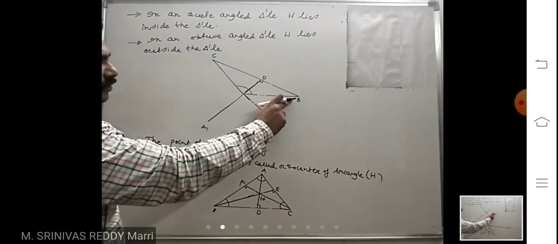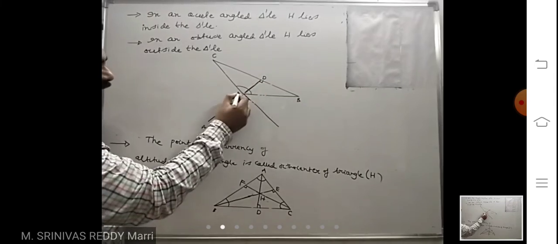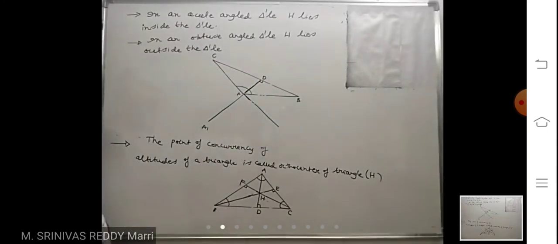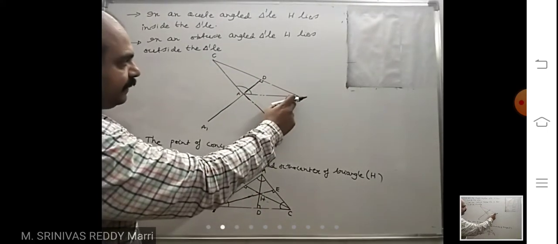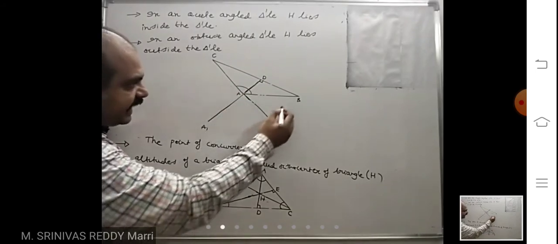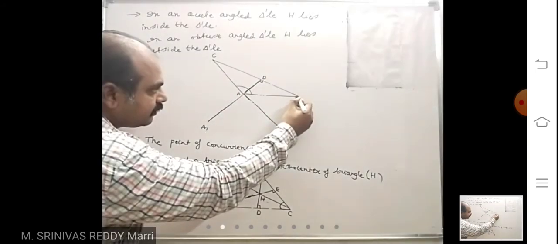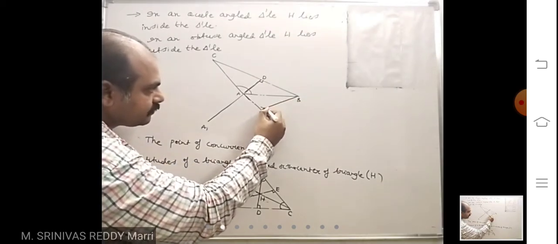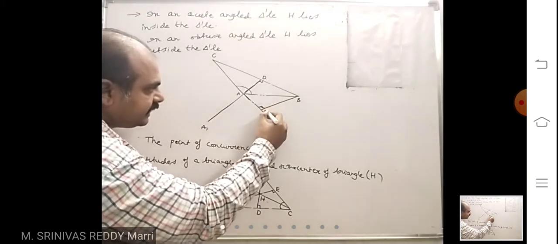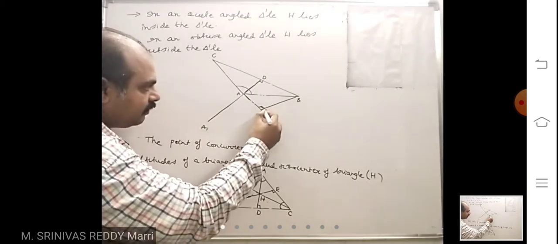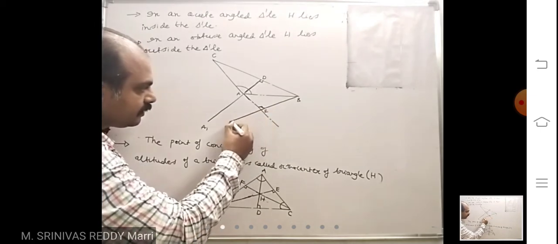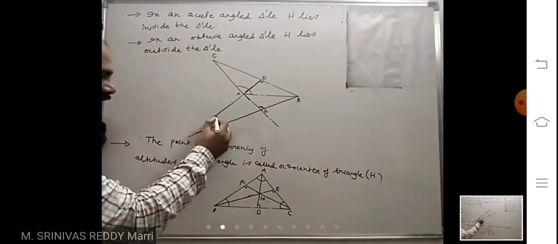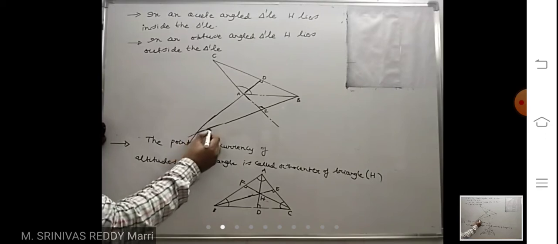Now from B I have to drop a perpendicular. That's why I have extended the CA side. You have to drop a perpendicular from B upon CA extended. Look at, like this. This is the altitude. Let us say this is E. Now I am extending this line and this altitude.